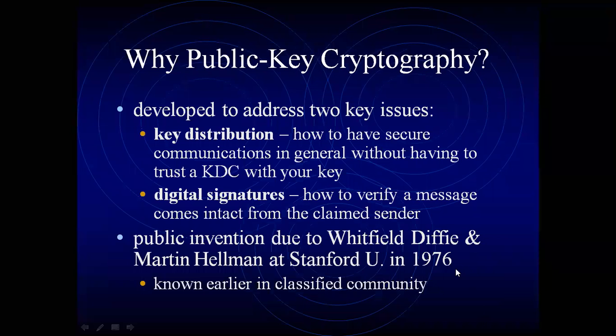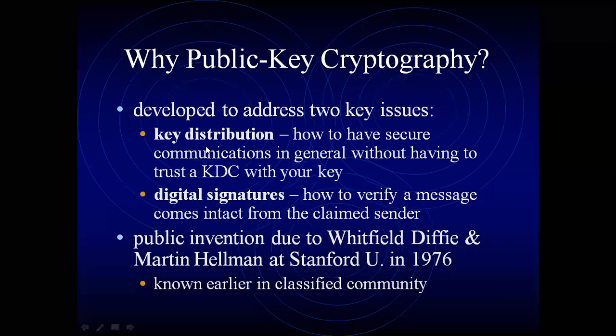Now, why do we want to use public key cryptography? If we won't use it, what will happen? Generally there will be two key issues. The first one is key distribution, and the second one is digital signatures. Now what do we mean by key distribution?